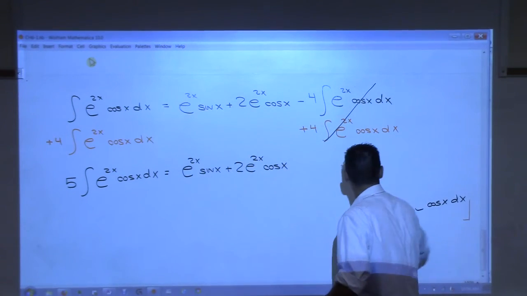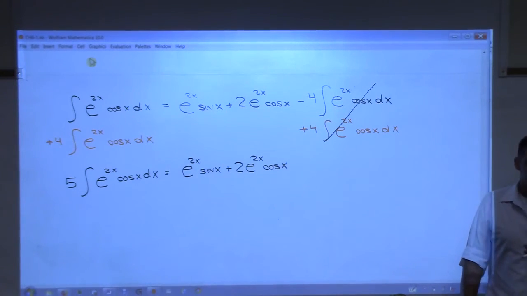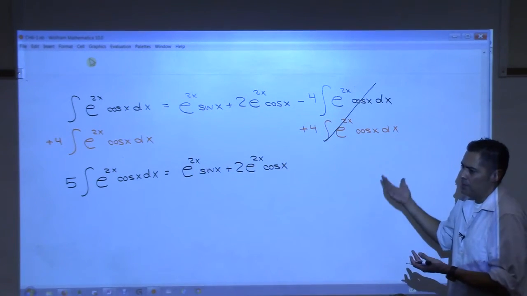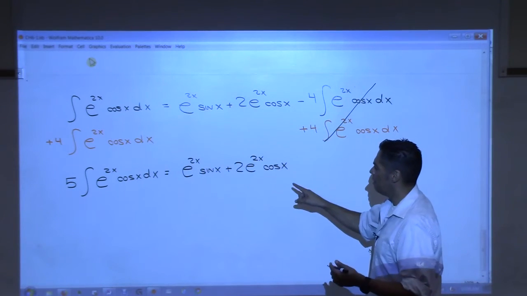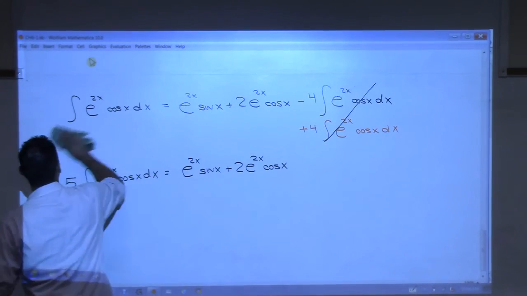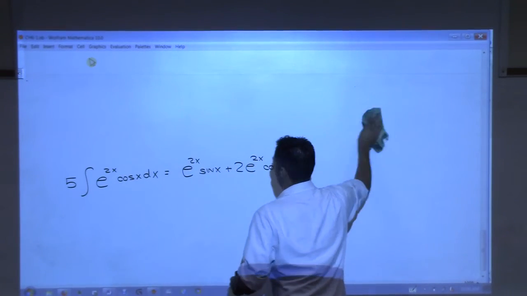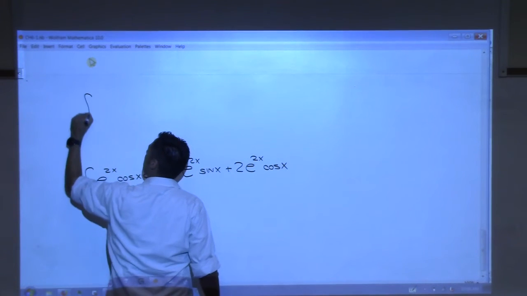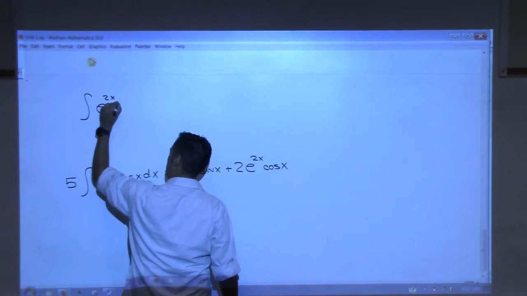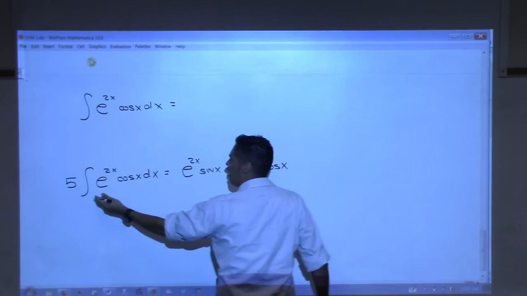Now, there is one slight little issue. You have to remember the plus c here, because this is the antiderivative, it's got to be plus a constant. So let me divide everything by 5. All right, so we have this integral e to the 2x cosine x dx equals, I divided that by 5, it's gone.